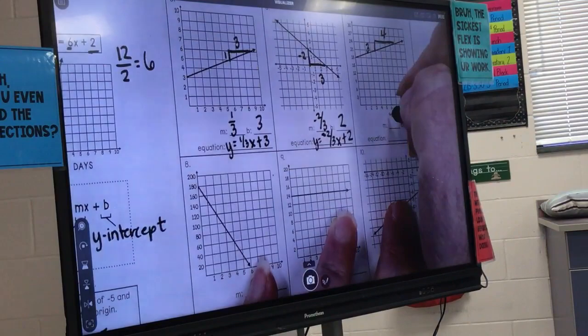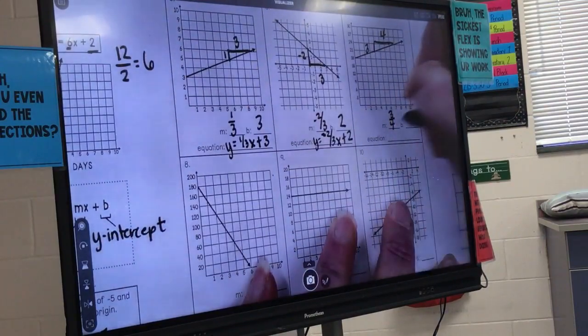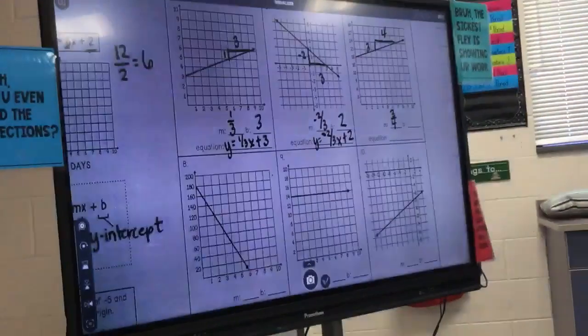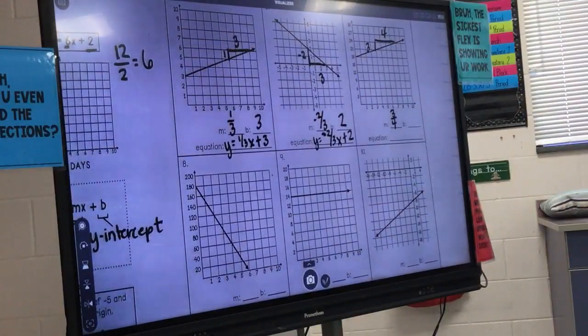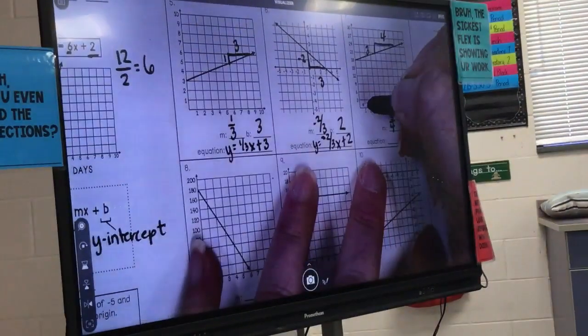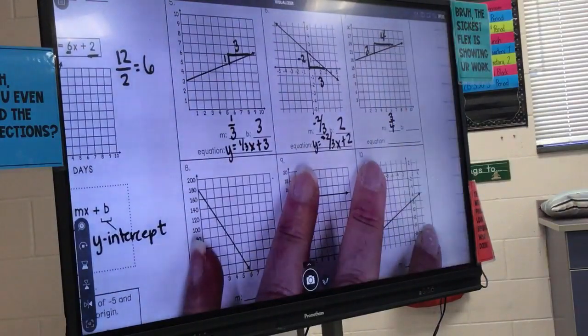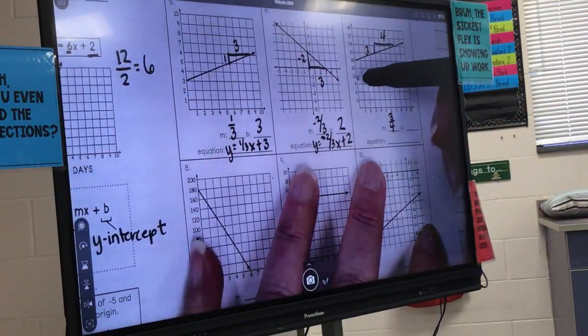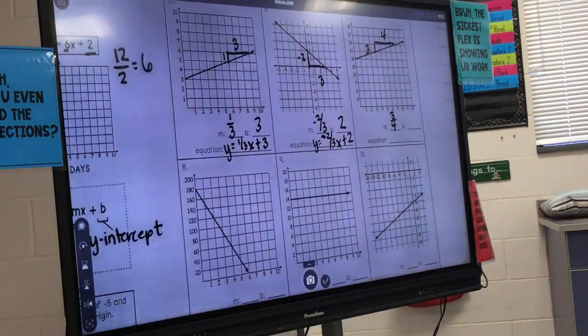So your rise is 3/4. The numbers on the side are increasing by 3s. Look, it goes 3, 6, 9, 12, 15. You have to be careful.